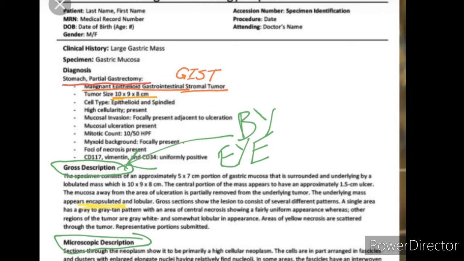If you look down below, also in green, it says microscopic description. A gross description is what the pathologist can visually see just looking at the tissue. So first they describe the color and what it looks like. Basically, gross description means what you can see with your own eye without the use of a microscope.